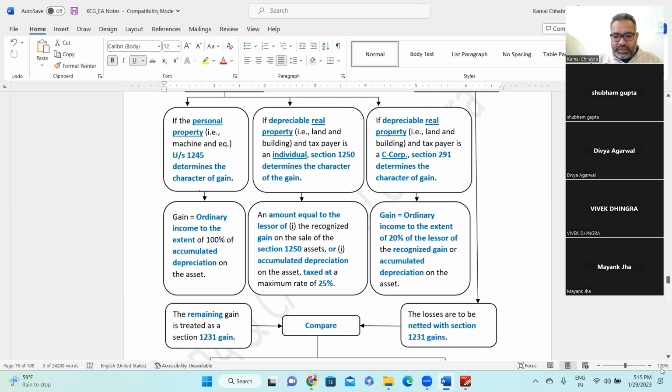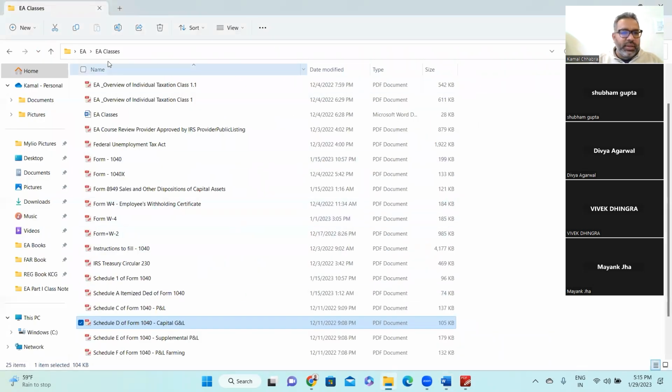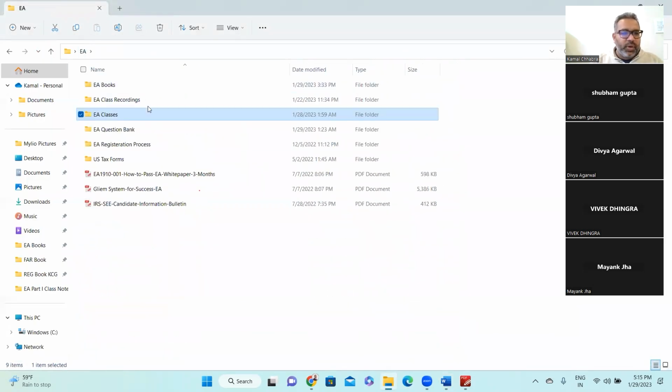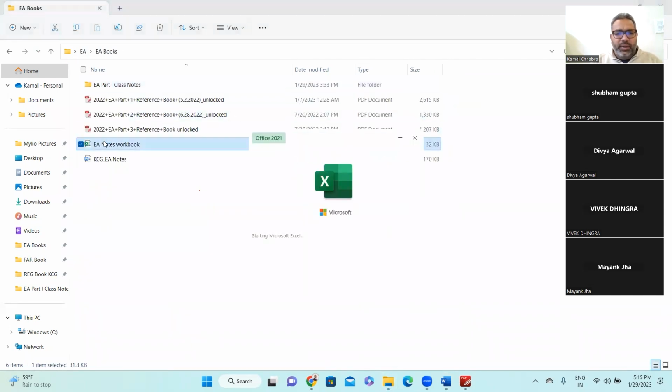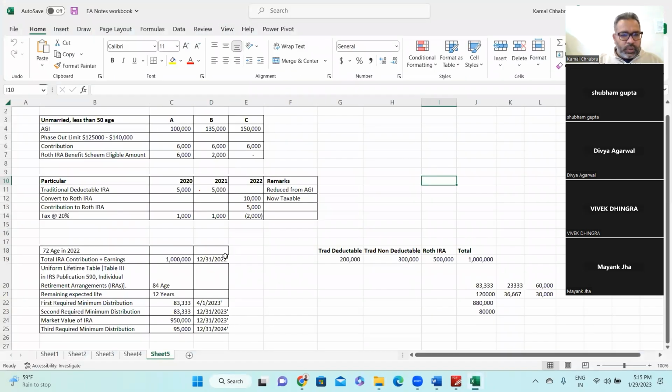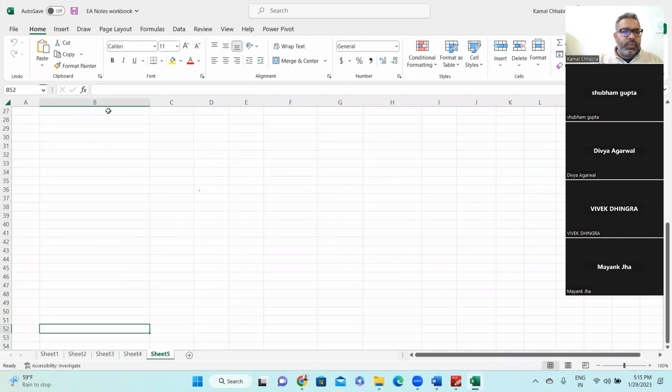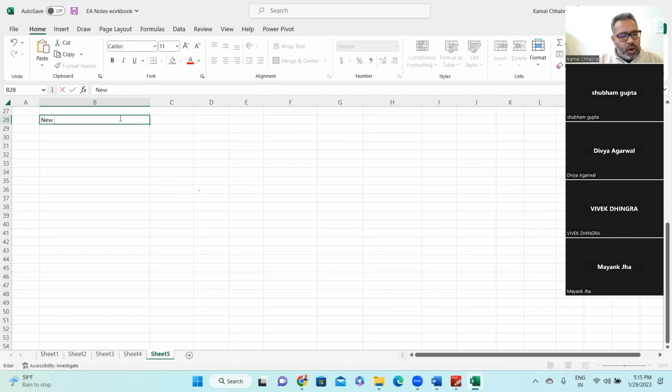So let me draw an example on the Excel sheet, whichever is lower. Once again, let's do the same example on the Excel sheet so that we can refer back and forth. So let's assume, what was the example we had? A new plant for whiskey.